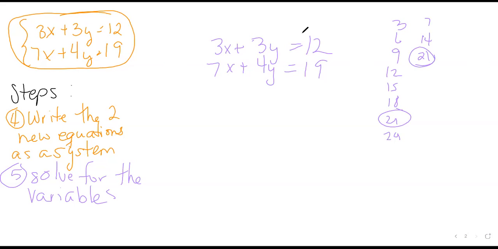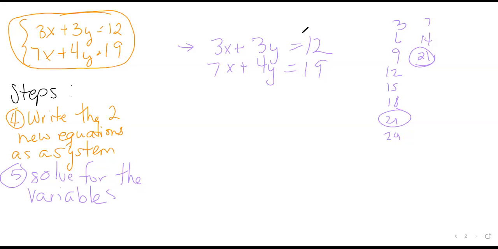Now, that means that I multiply this top equation by which number? So you have to get 21. Right, because I need them to cancel. If I'm going to cancel them, they have to be the exact same number, right? 5 minus 5 is 0.